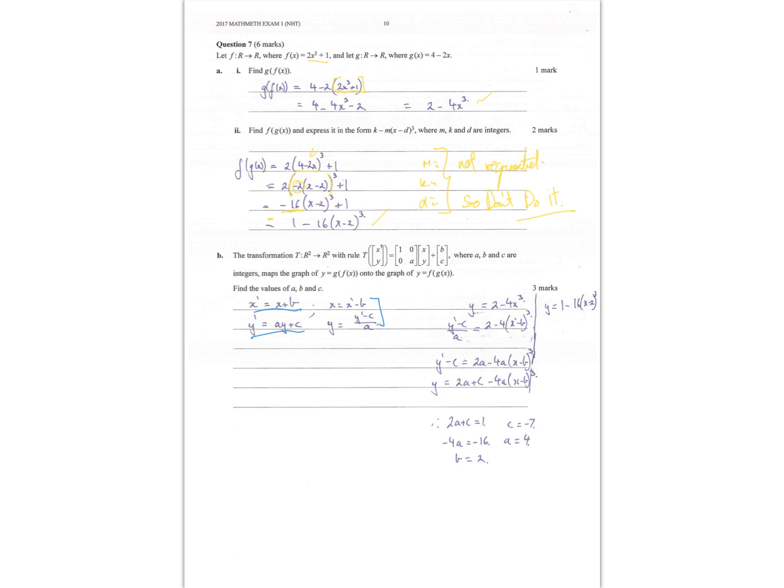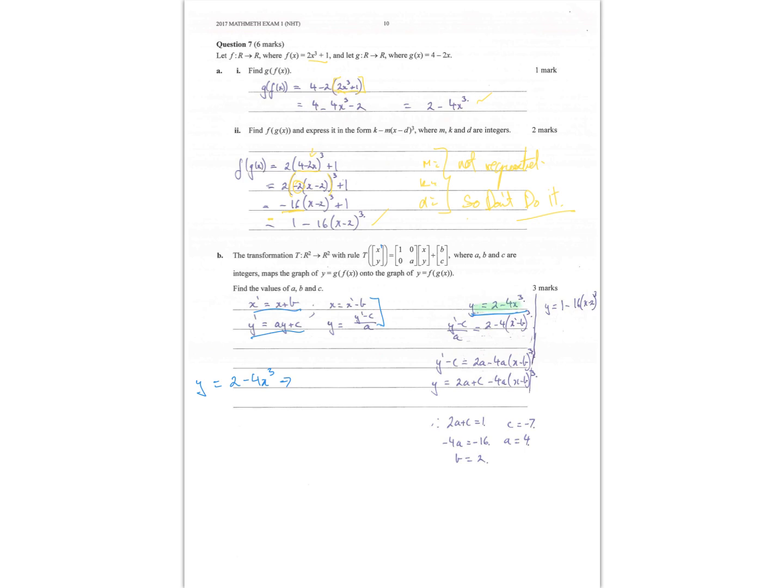Now, I'm going to transform g of f of x, which is 2 minus 4x cubed, into something. So that's what I'm going to start with, yeah? Which is what I've got here. Might just do the highlighter.